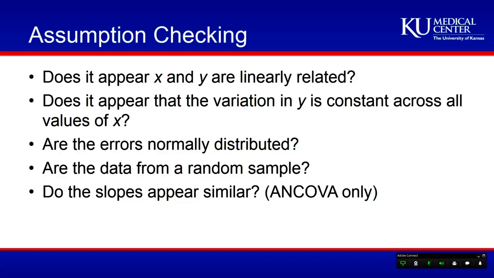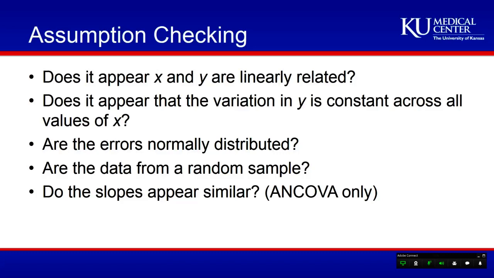Are the data from a random sample? So again, knowing the experimental scenario that generated the data is important, because if you're taking repeated measures over time on individuals and throwing them all into a big pot and then analyzing it using a regression line, you have dependence in some of those observations, which probably needs to be modeled.